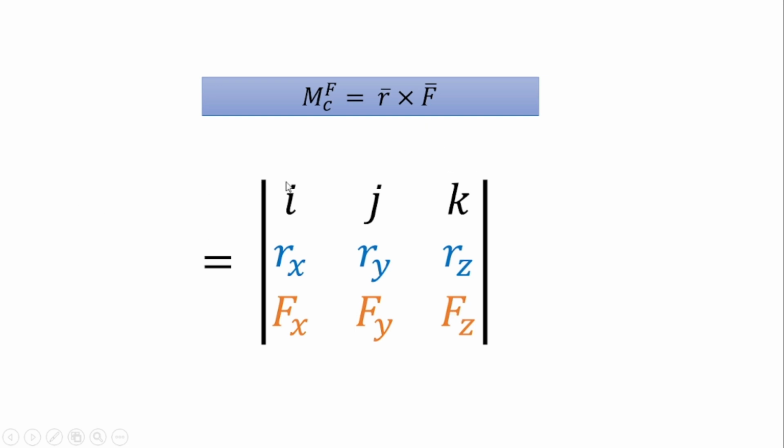So in this way we can represent the given cross product in the form of determinant. Either you can solve this determinant or you can use the calculator to find out the corresponding moment of the force about point C. We'll see that in detail afterwards.